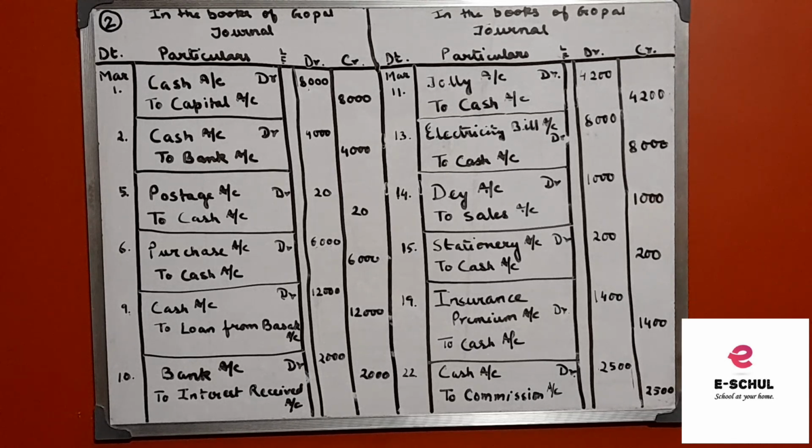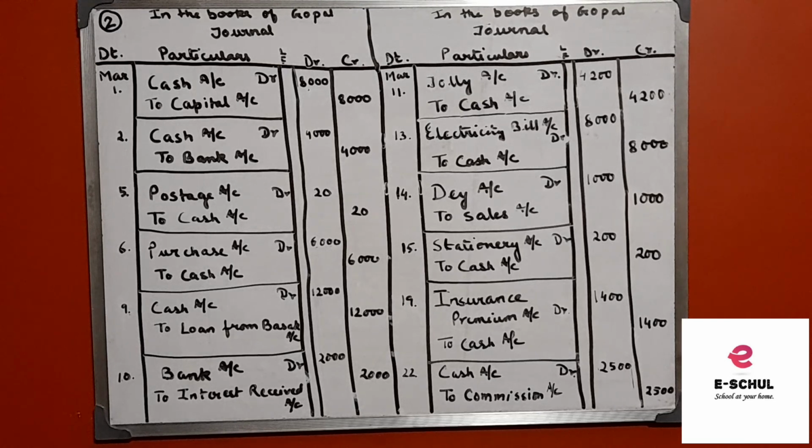Again, coming to the next one, received interest on bank deposit. Let me give you a small idea about this at first. Suppose you have opened a bank account and made a fixed deposit of rupees 1 lakh. Now at the end of each year or at the end of 2 or 3 years, you will be given an interest by the bank.